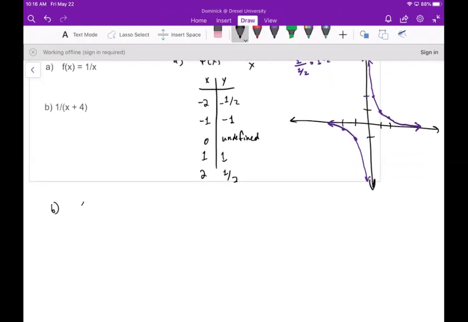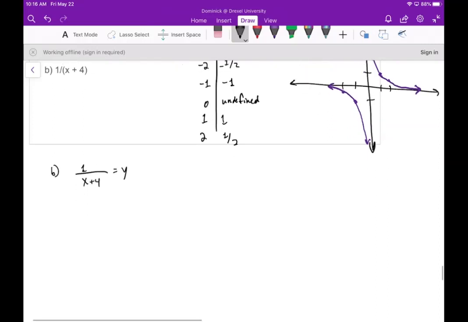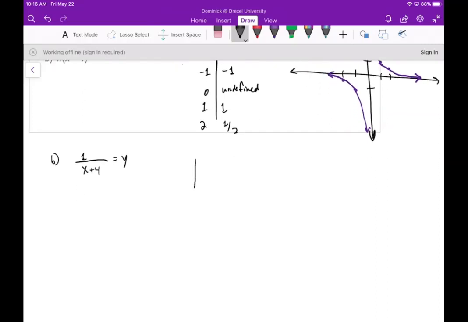And now in part B, we have 1 over x plus 4, and this should be equal to f of x or y or something. But let's go ahead and take a look. Now here we can see that if you were to plug in -4, that would be the trouble point, right? So we'll plug in some points around that and see what happens.